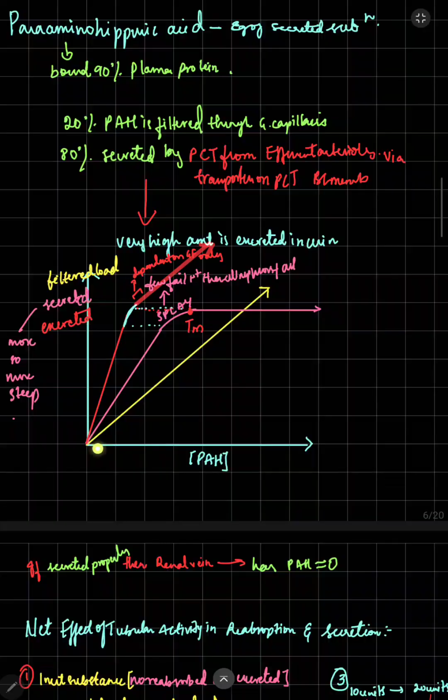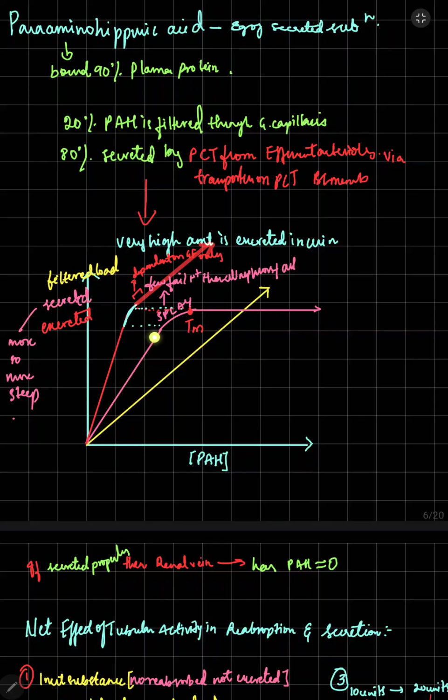So when you draw the graph for this, the x-axis is PAH and the y-axis is filter load. As PAH value increases in blood, filtered load also increases linearly. When we talk about secretion, secretion is by transporters, and transporters get saturated in different nephrons at different levels.